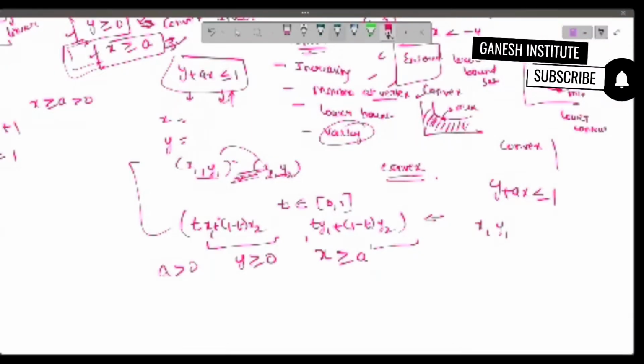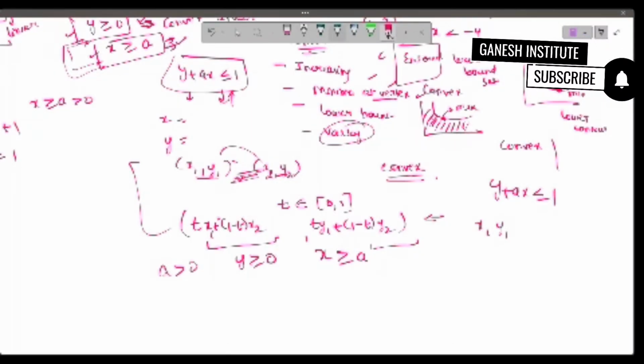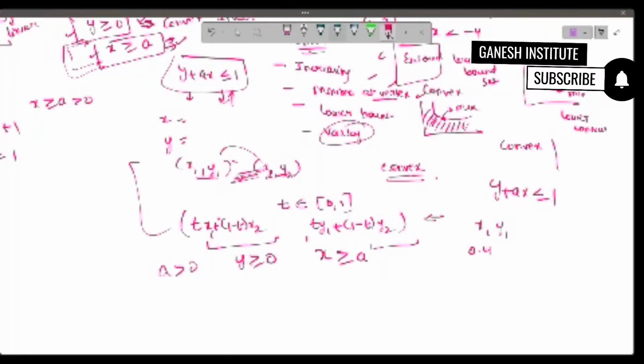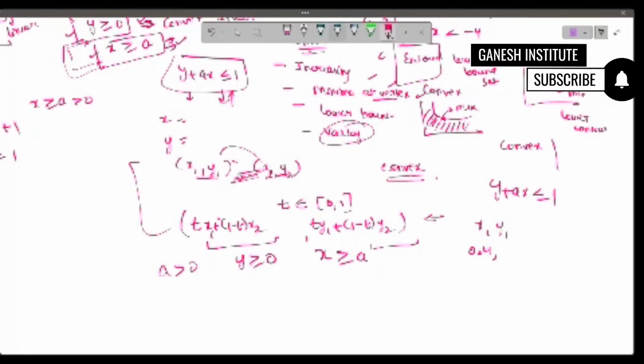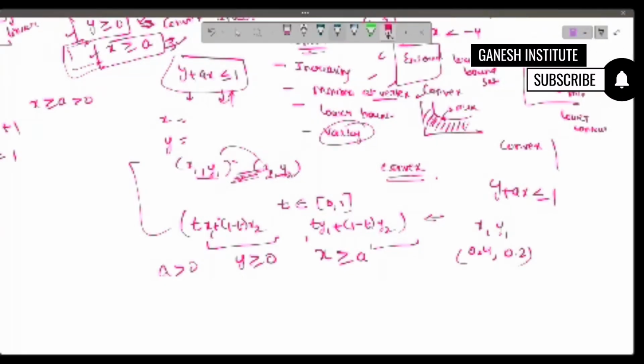So I'm considering that my x1 is, let's say, 0.4, and y1 is 0.2.